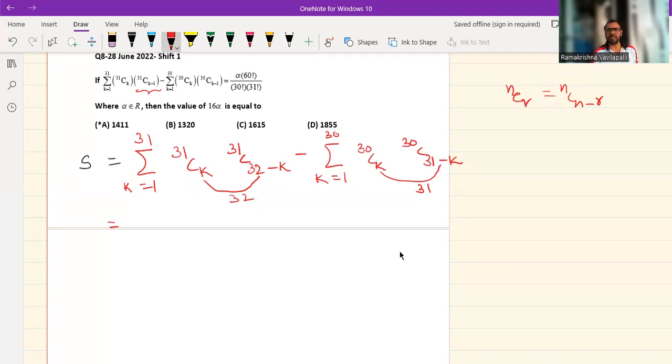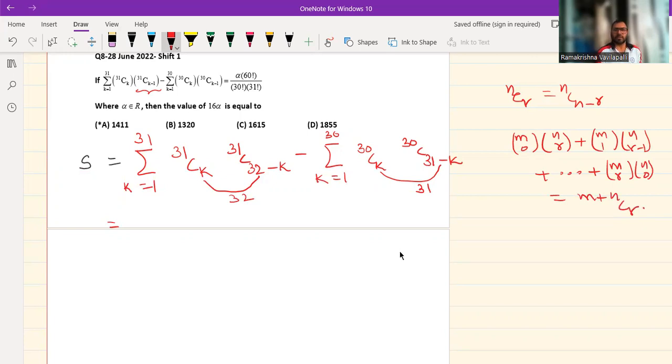Our formula is MC0 NCr, MC1 NC(r minus 1), plus and so on. Here MCr into MC0 is equal to (M plus N)Cr. Here actually we start from 0 onwards.